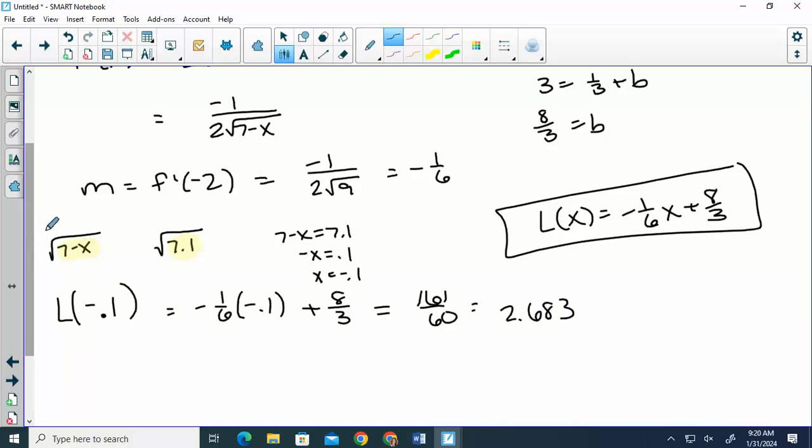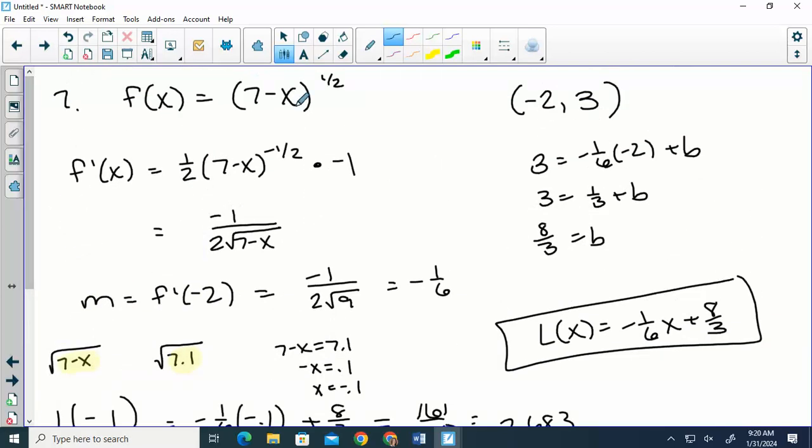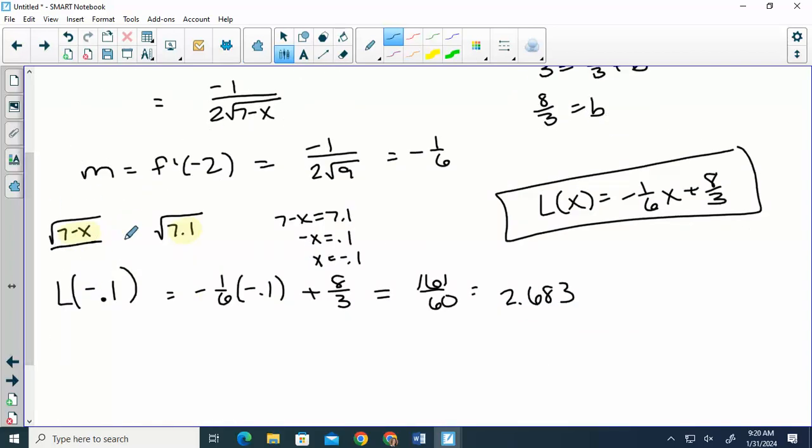Because the original function was not the square root of x. It was the square root of 7 minus x. So if you need the square root of 7 minus x to equal the square root of 7.1, you have to figure out what x is.